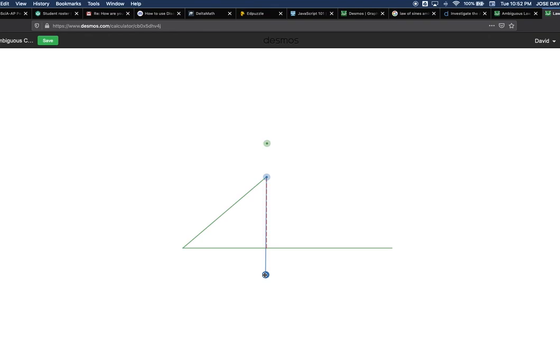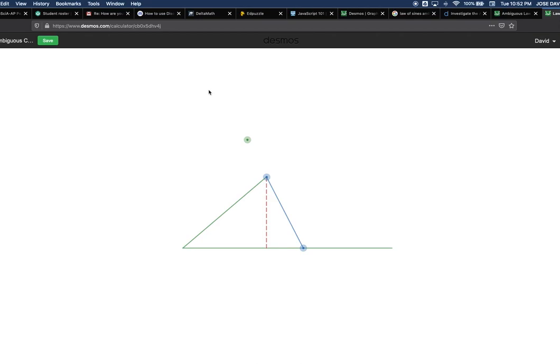Because if it's smaller than your height, then it doesn't reach. It doesn't matter that it's shorter than B, it's shorter than your height, so it doesn't reach. The only time is whenever it's greater than your height but smaller than B. We're going to have two triangles. That's one, and that'll be the other.